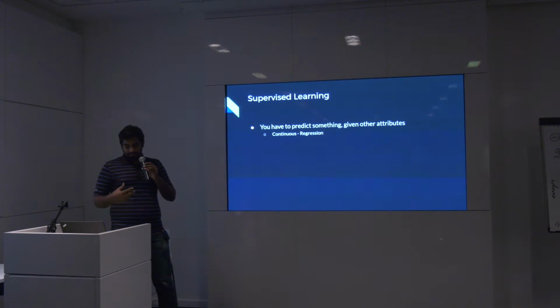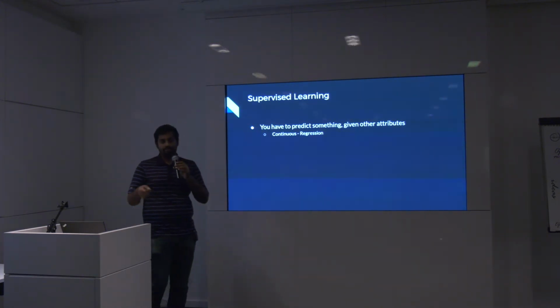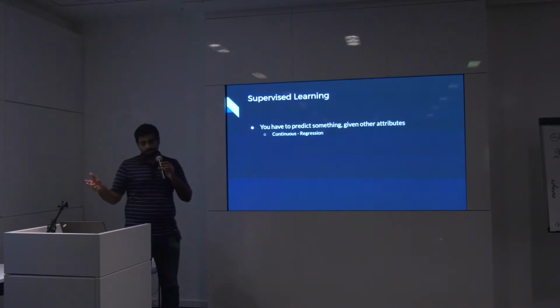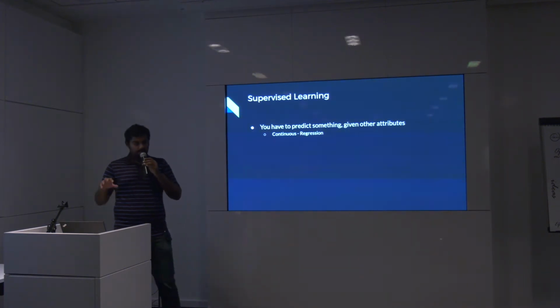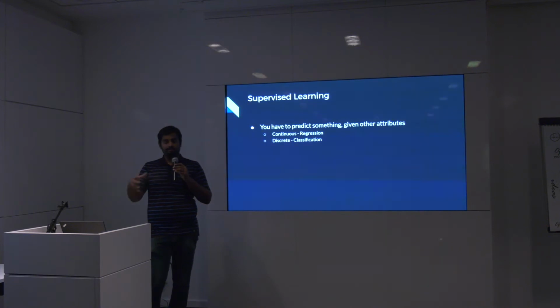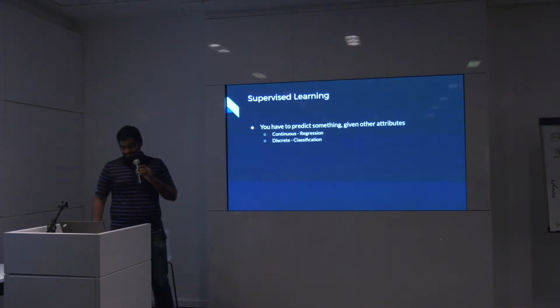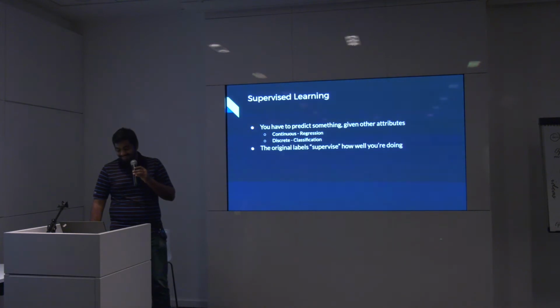If the thing that you want to predict is continuous, like floating point numbers such as 0.12, then the set of algorithms is called regression. And if you want to predict something discrete, that means one of five items, or for example, in gender, male, female, or any of the other 48 things that Facebook allows you to keep.